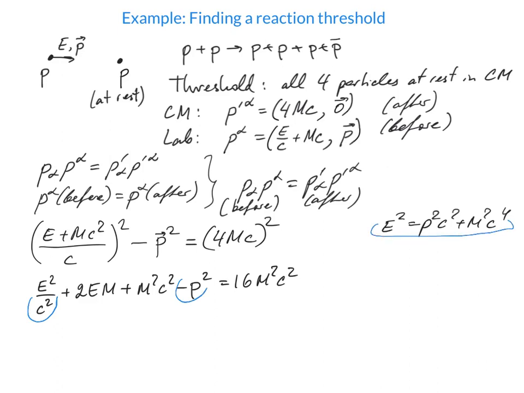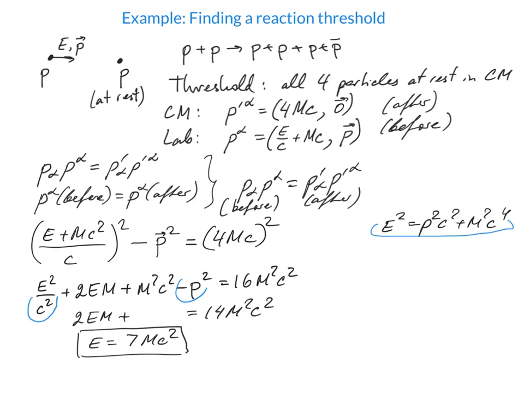That will give us m squared c squared. So on the left we have 2Em plus 2m squared c squared equals 16 m squared c squared. Now take 2m squared c squared to the right. This makes 14 m squared c squared, or E equals 7 mc squared.